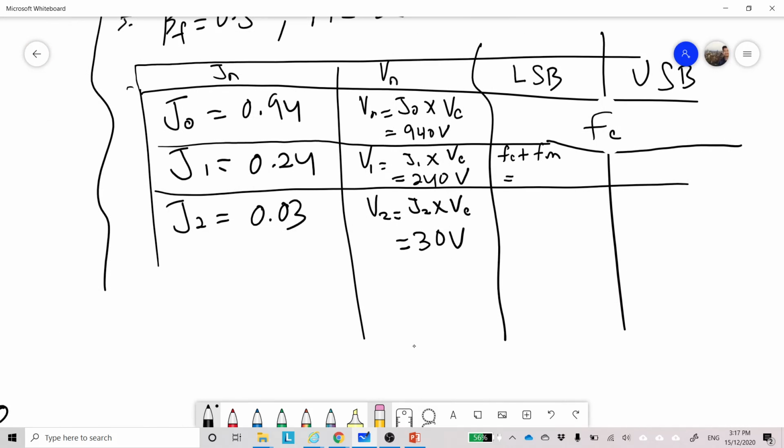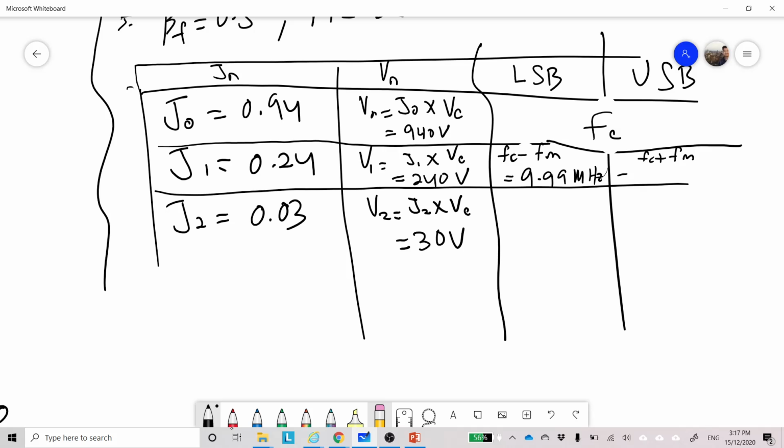So 10 MHz tolakkan dengan 10K sebab dia berada pada lower sideband, so you akan dapat 9.99 megahertz. Sorry, ini tolak sebenarnya, saya silap. Kalau dia lower sideband, dia mesti tolak FM. Manakala untuk upper sideband adalah FC plus FM.